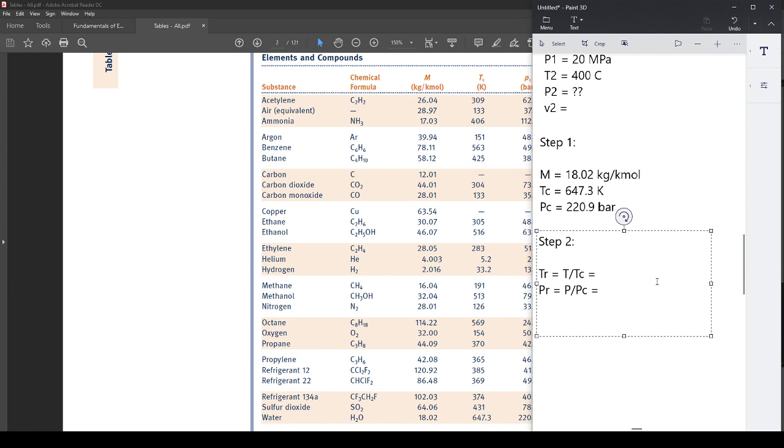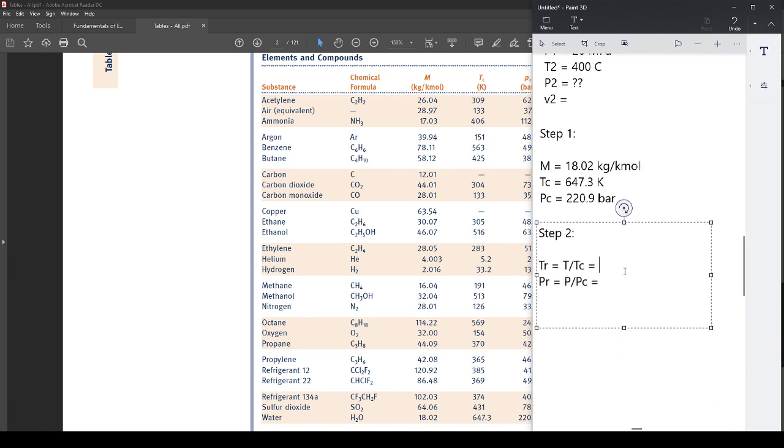So we have TR is then equal to, our first temperature was 520, right? So we have 520 C, but we need to add 273 because we need to change it to Kelvin, because our critical temperature is in Kelvin.